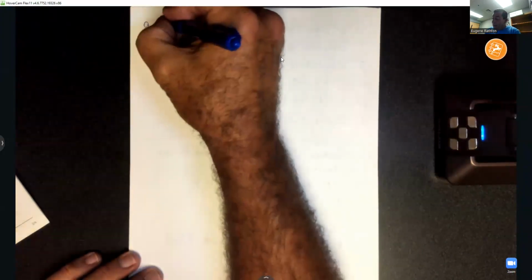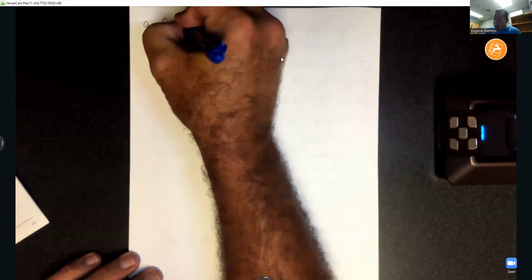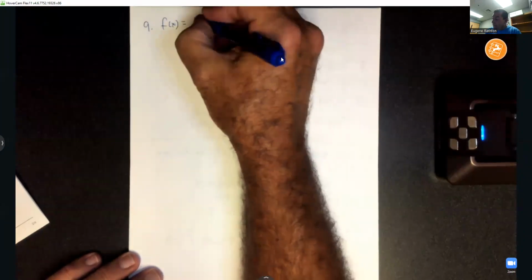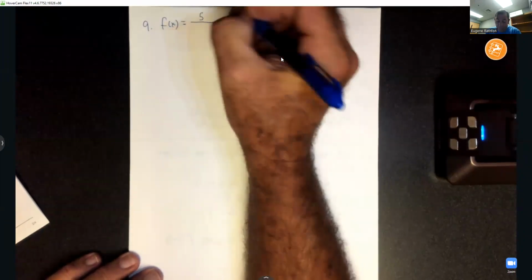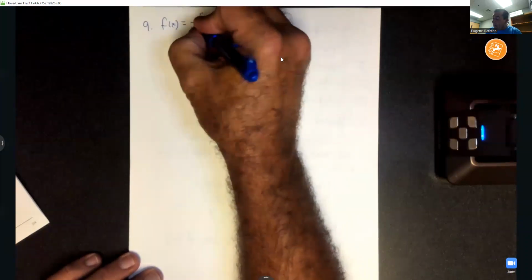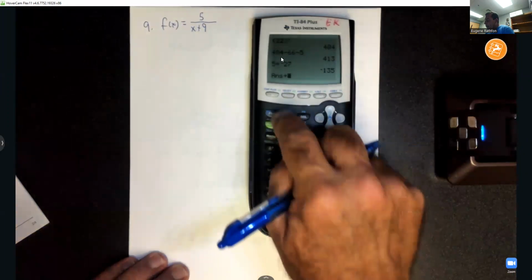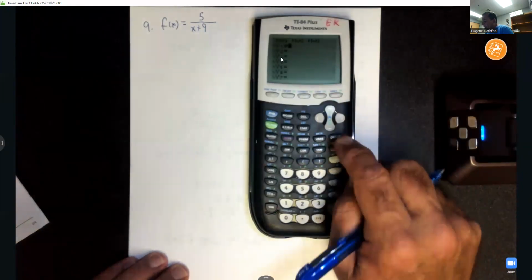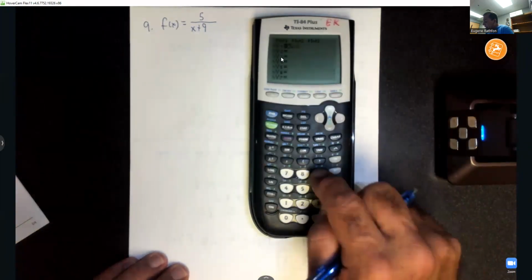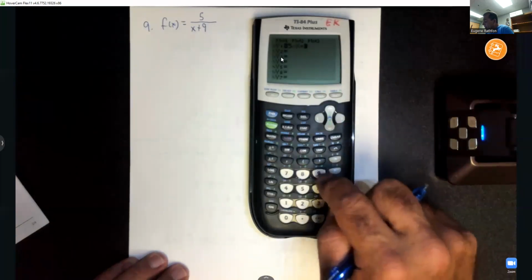All right, I'm going to do a tricky one here. It's like number 9. F of x equals 5 over x plus 9. So let's see, if we was to graph that, let me see, 5 divided by x plus 9.